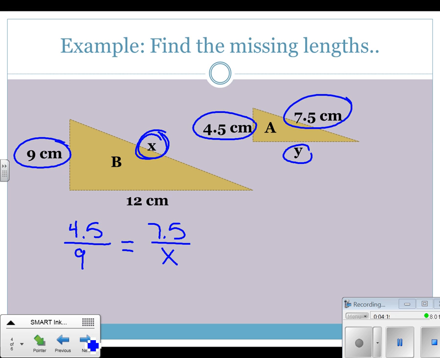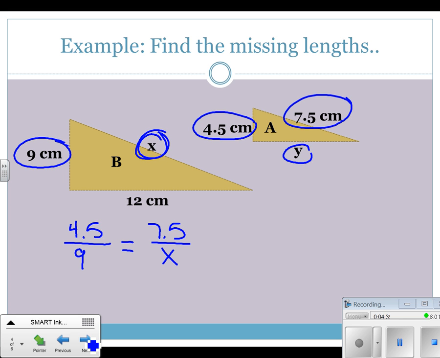I did the little triangle, 4.5, to the big triangle side it matches, which is 9. Then I was consistent. On the right side, I did 7.5, which is on the little triangle. That matches X on the big triangle. So I went little triangle to big triangle equals little triangle to big triangle.